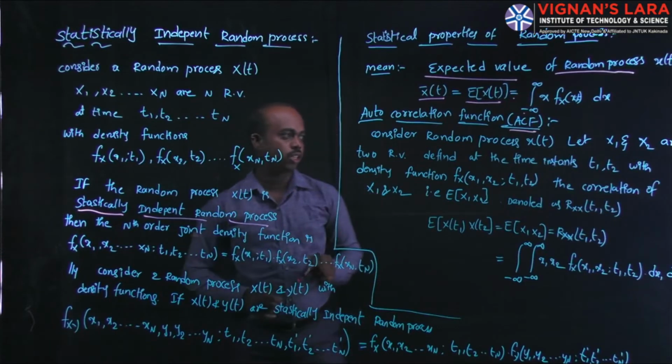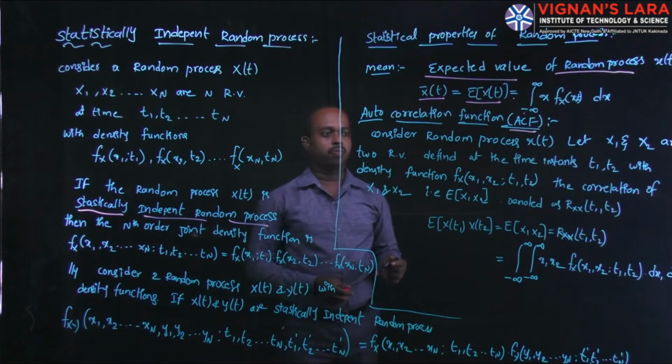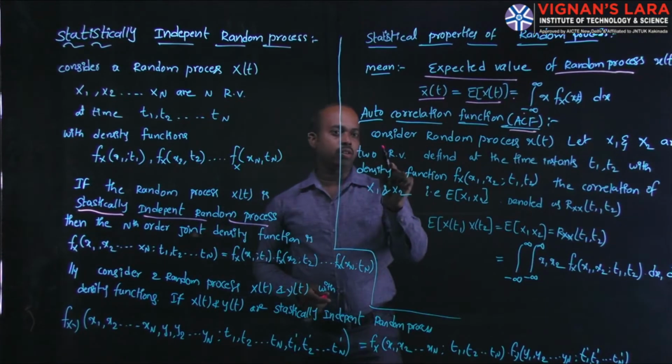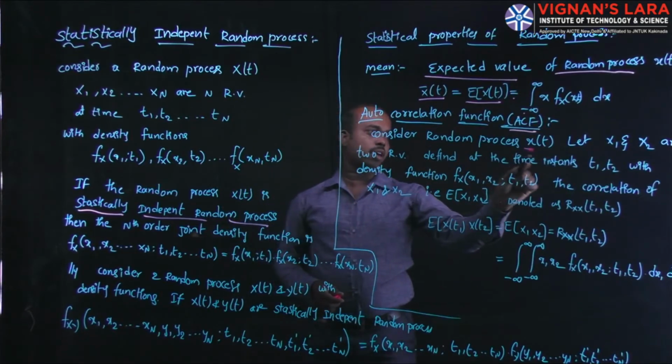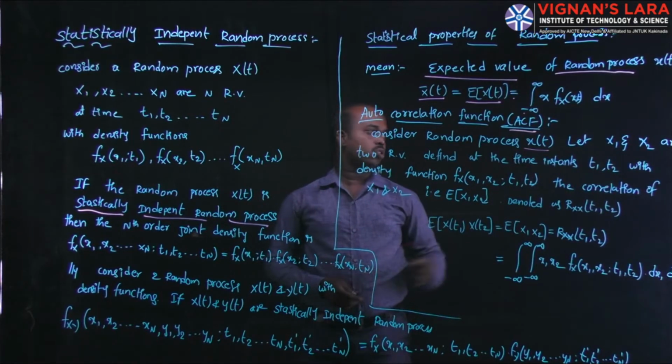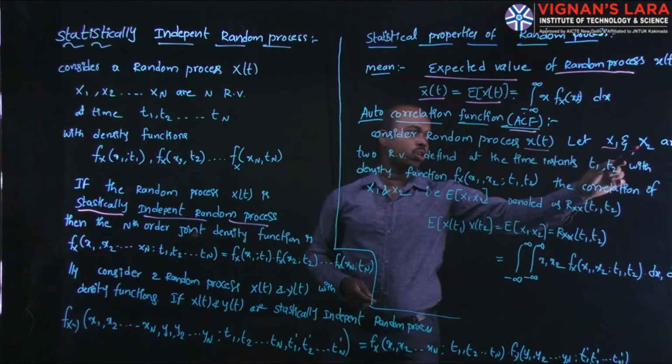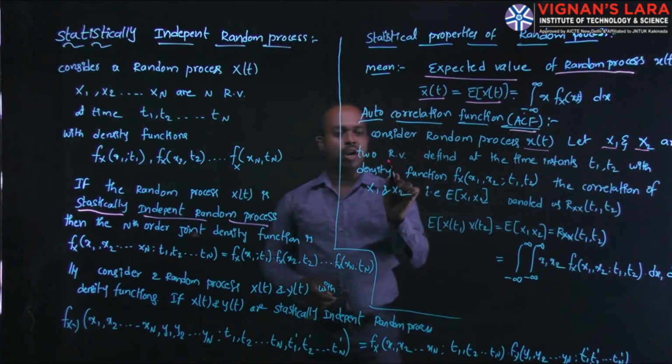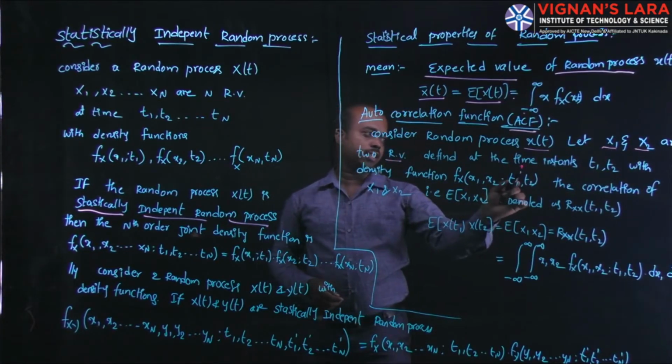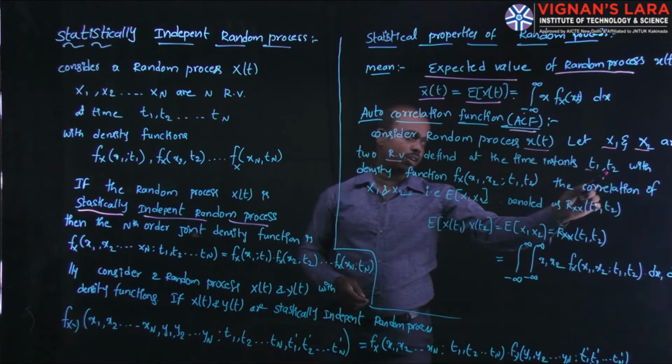Here you can see that for defining the autocorrelation function, you can consider the random process x of t. X of t has x1 and x2 as two random variables defined at time instances t1 comma t2.